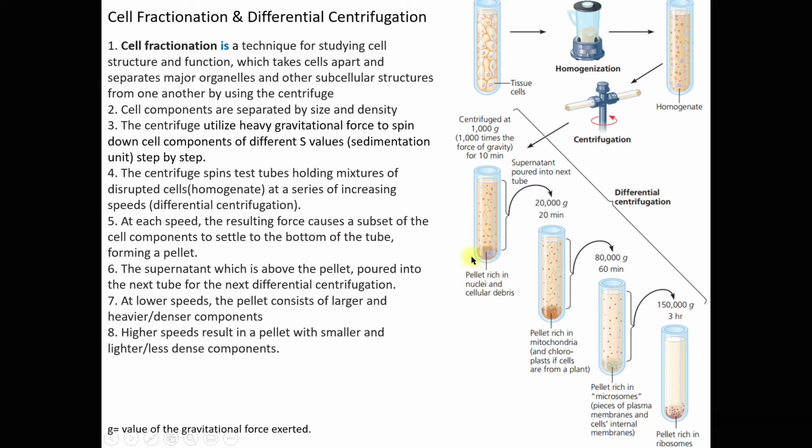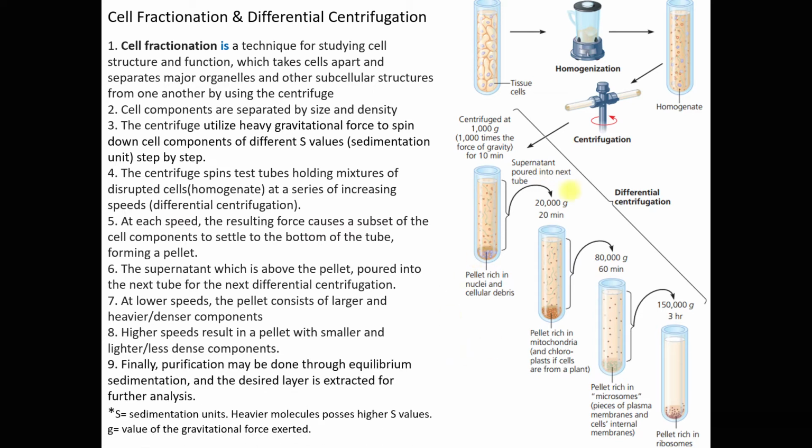Usually the nuclei and cellular debris will settle as the pellet at the lowest speed, or 1000 G.